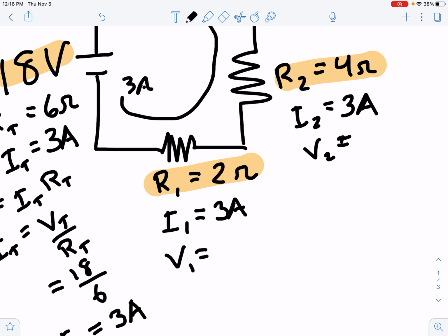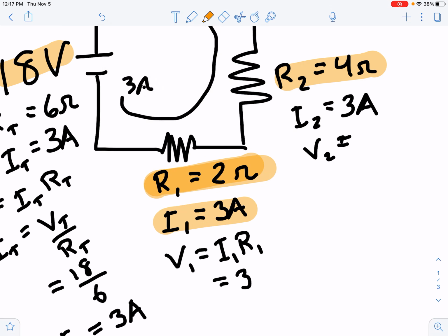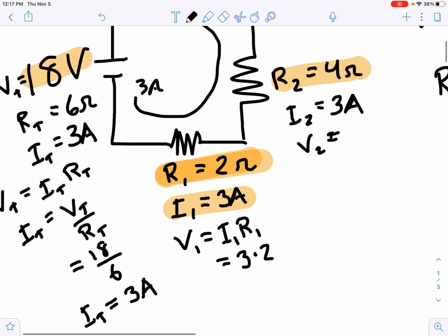So now we can use our equation again, V equals IR, but now we're using V equals I1 R1. Our I1 happens to be 3, right from here, and our R1 is 2. So 3 times 2 gives us 6 volts.